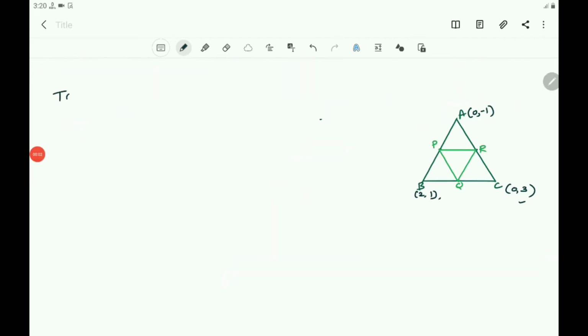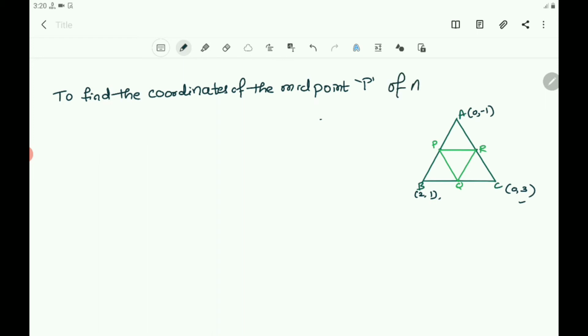To find the coordinates of the midpoint P of AB, A is a point with the coordinates 0, minus 1 and B is a point with the coordinates 2, 1.